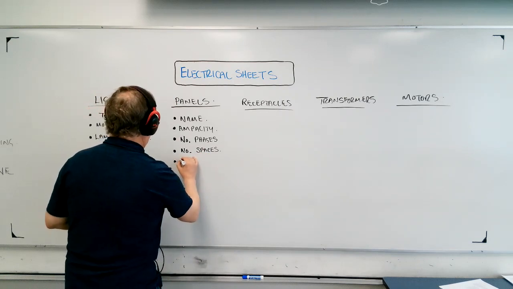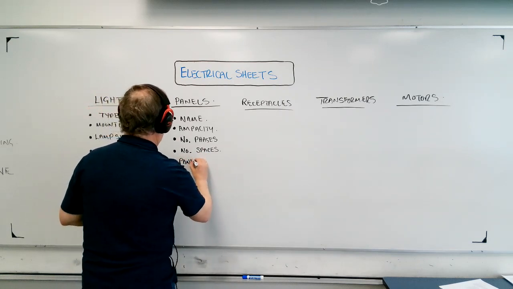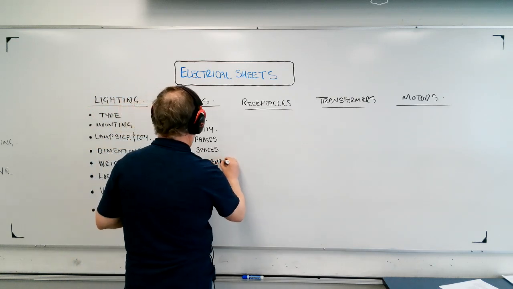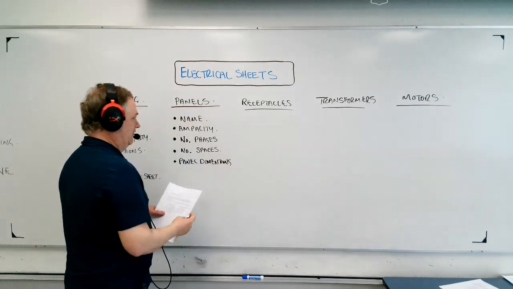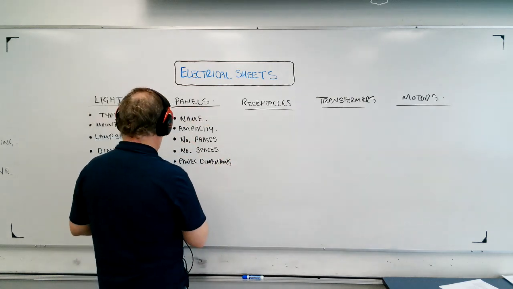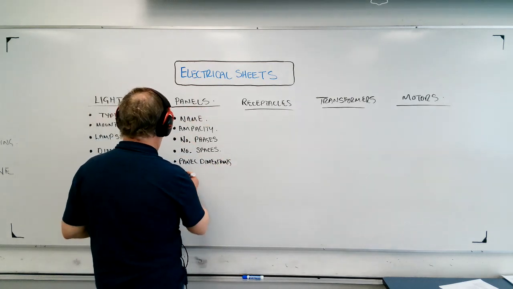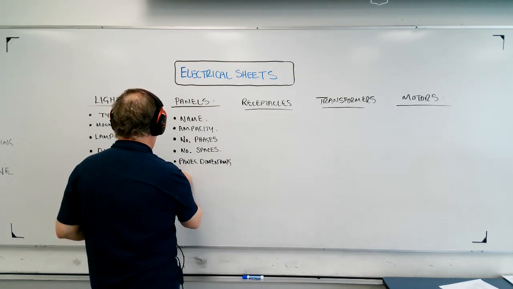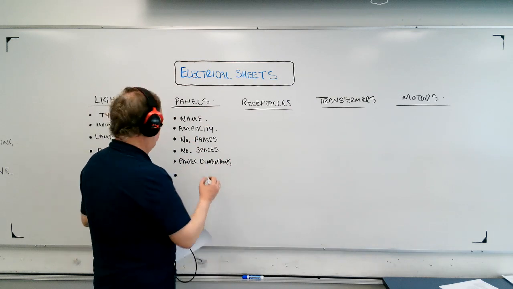Dimensions, panel dimensions. This is pretty important when it comes to installing them, whether they're in brick, in mortar blocks, or in some other form of construction. You need to know the size. Are they flush mount or surface mount?